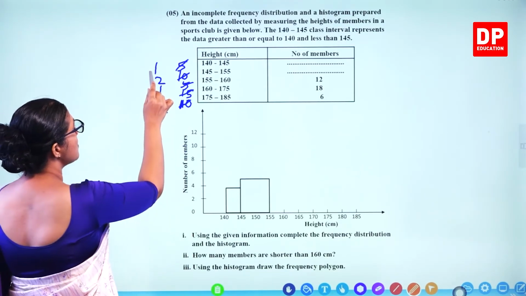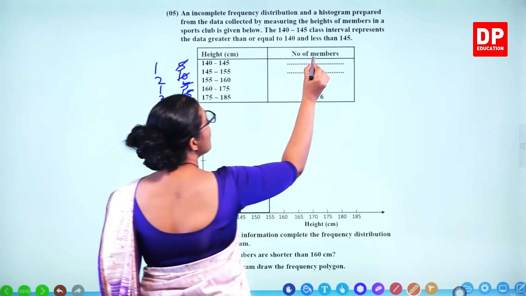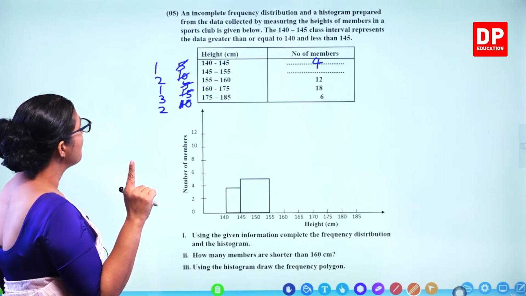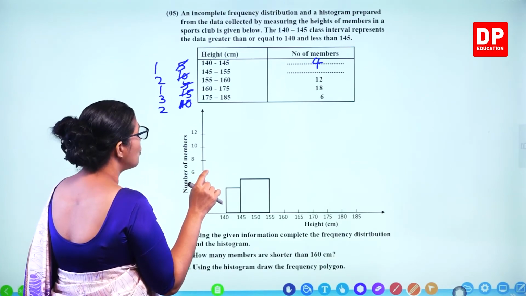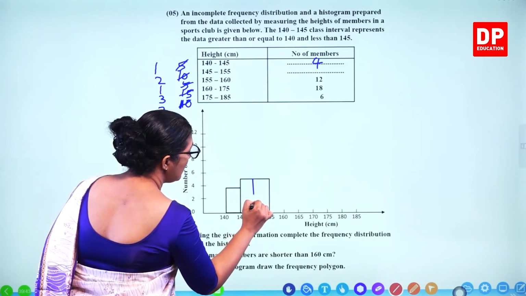So first bar you can read as it is, that's 4. So number of members, that's 4 there. But the second bar, it's 2 there. So 2 means, you have to divide this into equal parts.